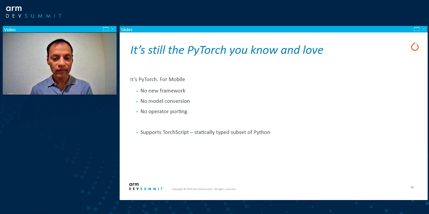We believe that we don't need to build a new framework to take your AI models to edge deployment. We developed a framework where we don't need to do model conversion or port operators. PyTorch Mobile is part of this unified framework that lets you quickly bring your ideas from research and prototyping to production and deployment on edge devices.